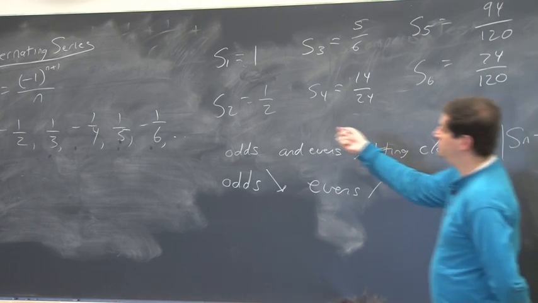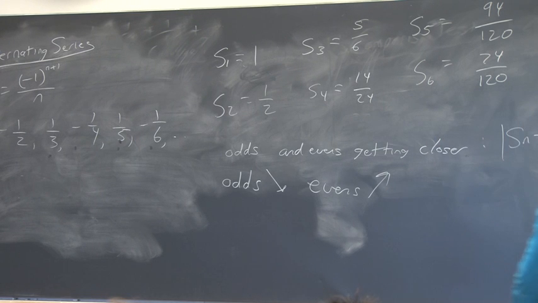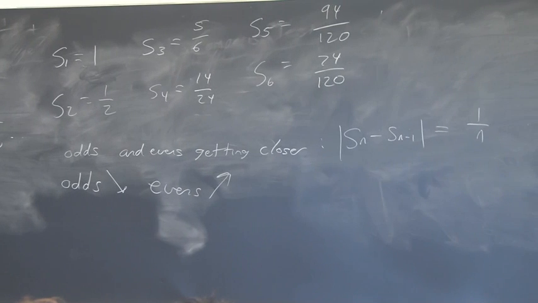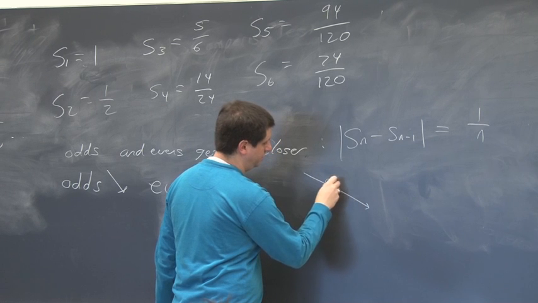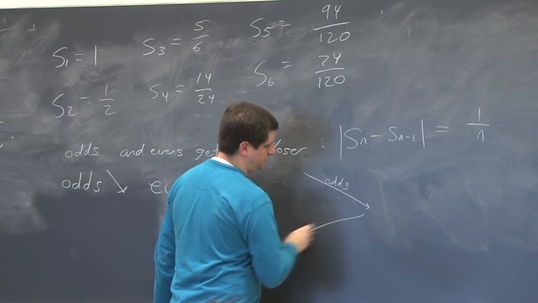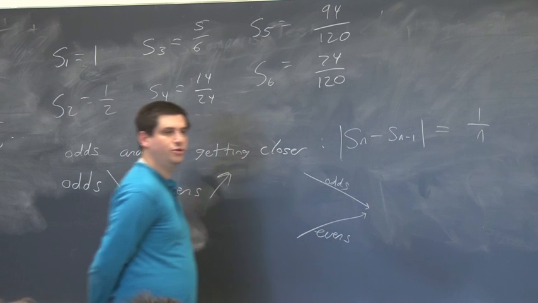And the nth term is just of size 1 over n. So the difference between the odds and the evens is going to get very, very small. The odds are going down, the evens are going up, the distance between them is getting to 0. So it's going to look something like this. Here's my odds. Here's my evens. They have to approach a common value.